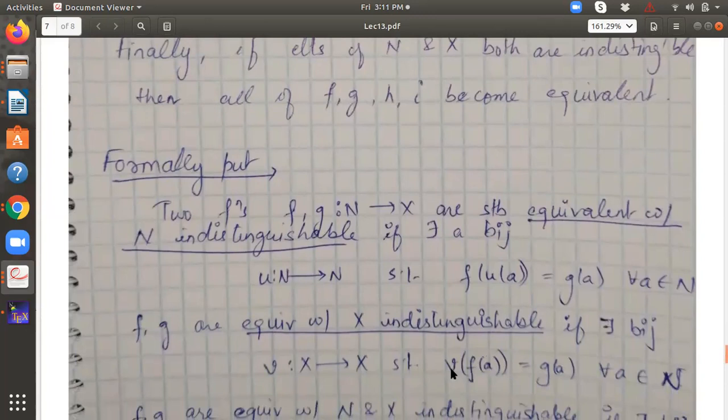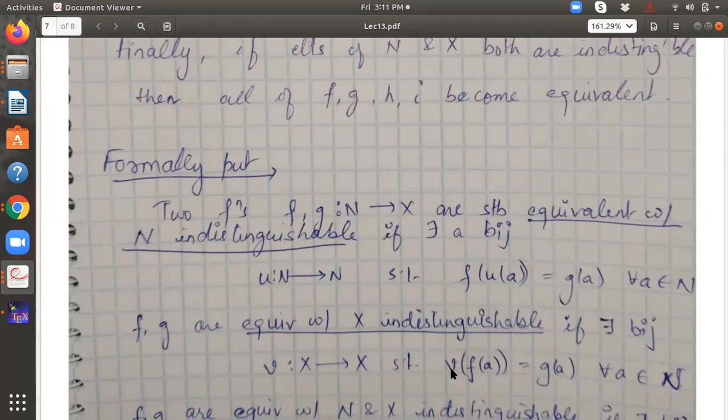And this is now a bijection. So once there is a bijection between the balls, another time there is a bijection between the boxes. You are swapping the boxes or you're swapping the balls. And swapping can happen only when you treat the elements to be indistinguishable. So makes sense. Correct?